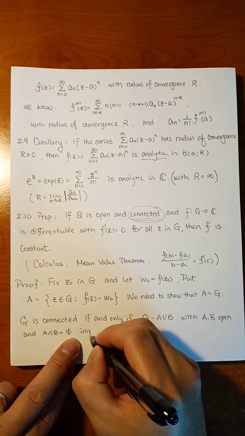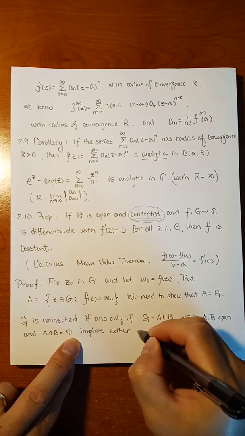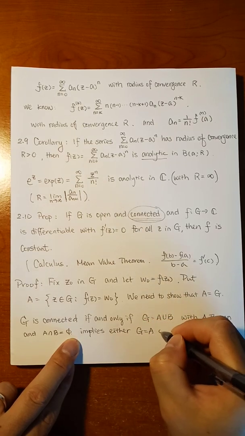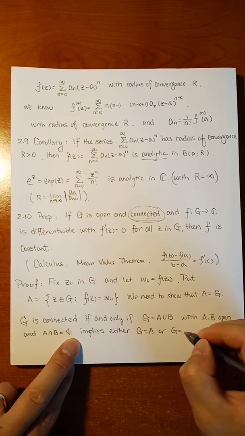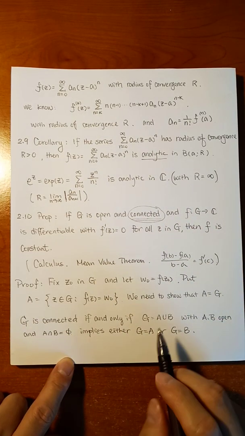This implies either G is equal to A or G is equal to B. G has to be one of them.